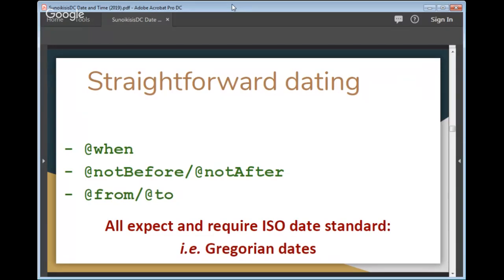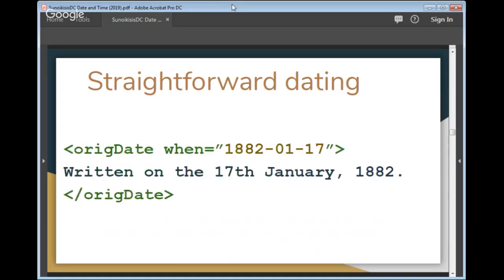But even if it doesn't, and the vast majority of the time it won't, you will potentially be causing a problem of expectation. If software deals with this date, it may expect it to be a Gregorian date, and if it's not, it may lead to problems, which we'll come back to in a moment.